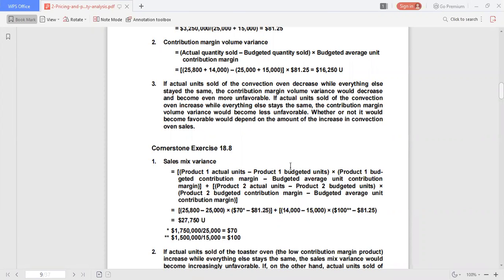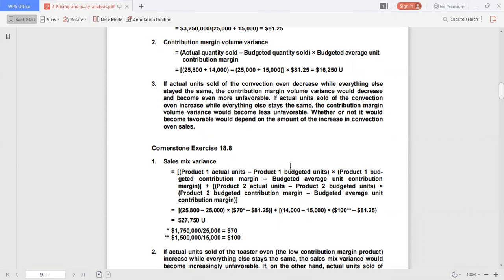So we have 25,800 actual units sold and the budget, 25,000. Then we multiply the whole thing by the difference between 70 per unit, taken by dividing 1,750,000 by 25,000 budgeted units.